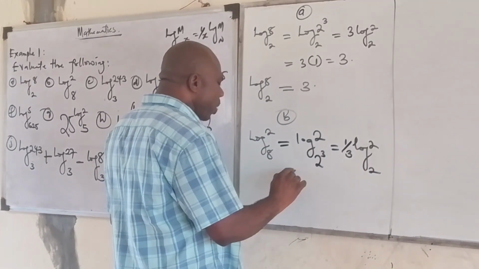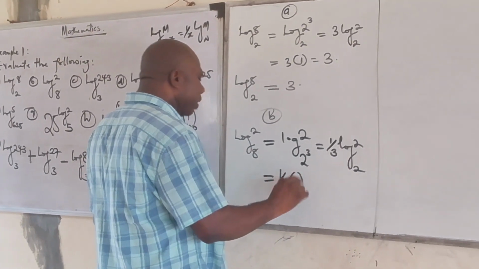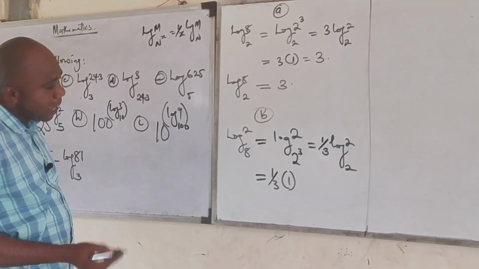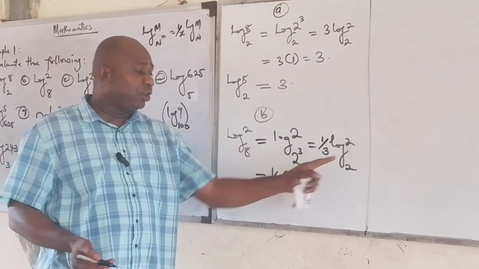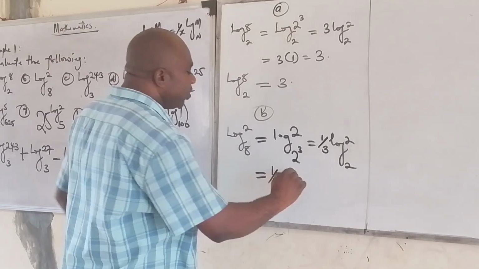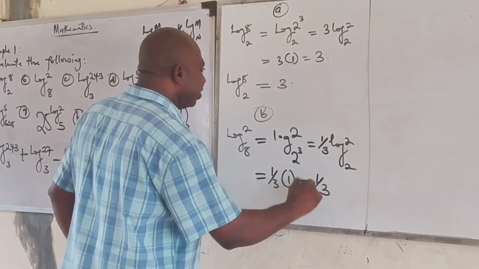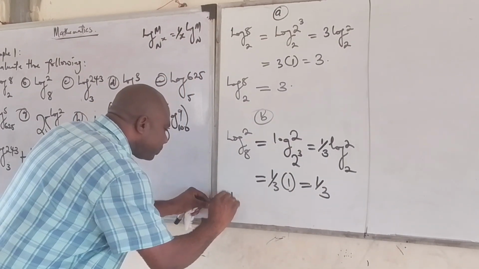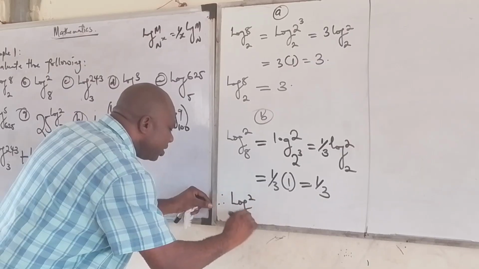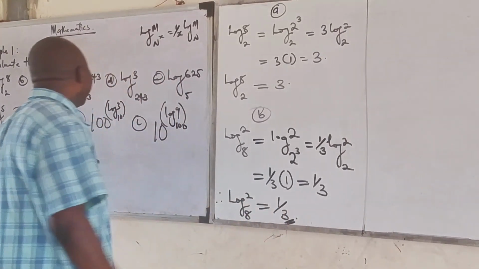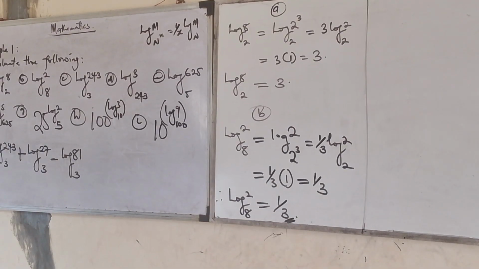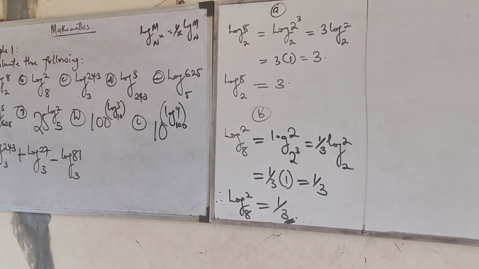That will give us 1 all over 3 times 1, because we said log m base n is 1. Since the number and the base are equal, we have 1. So 1 over 3 times 1 is 1 over 3. It therefore means that log 2 base 8 is equal to 1 all over 3. So that's the answer.